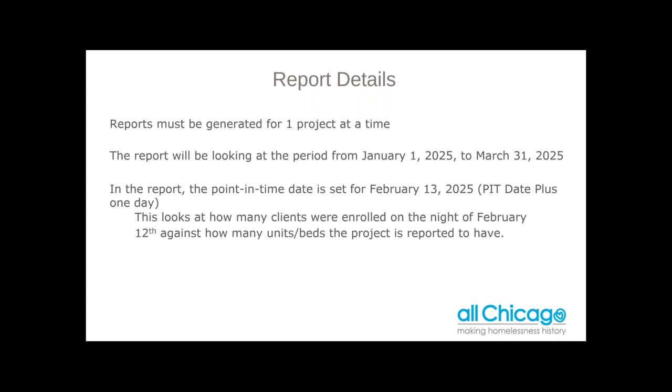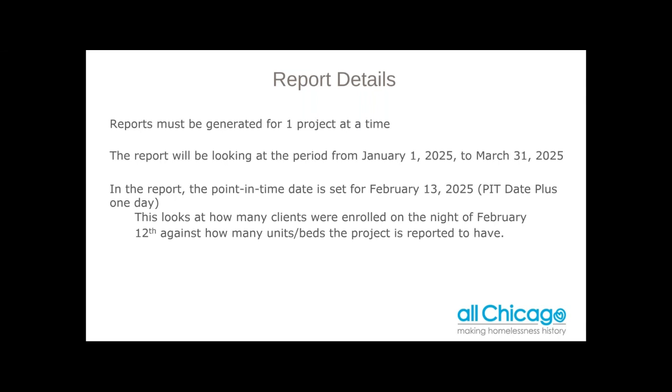I do know that there are cases where a project might have more than one of a certain project type, and they like to run them together for reviewing the data and going through it. That's fine for internal purposes, but when it comes to the submission, you're only going to want to have one report per project.